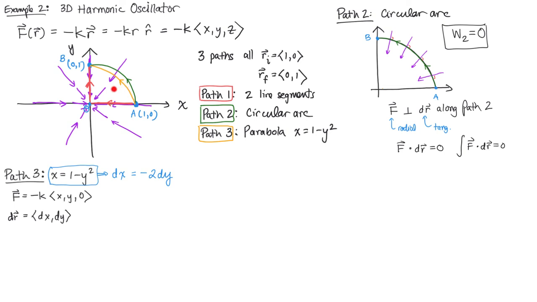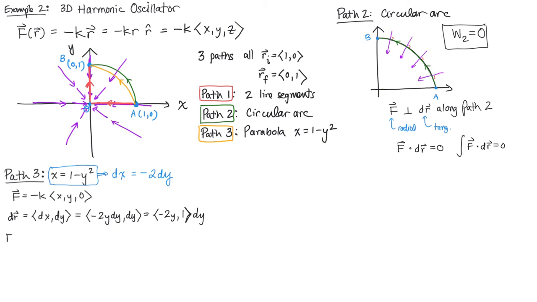Every step we take in x, we step twice as far in y. And if we take a step towards the origin in x, we take a step away from the origin in y. That's what the minus sign says. So now we can express our dr vector in terms of one variable: (minus 2y dy, dy), or equivalently, (minus 2y, 1) times dy.